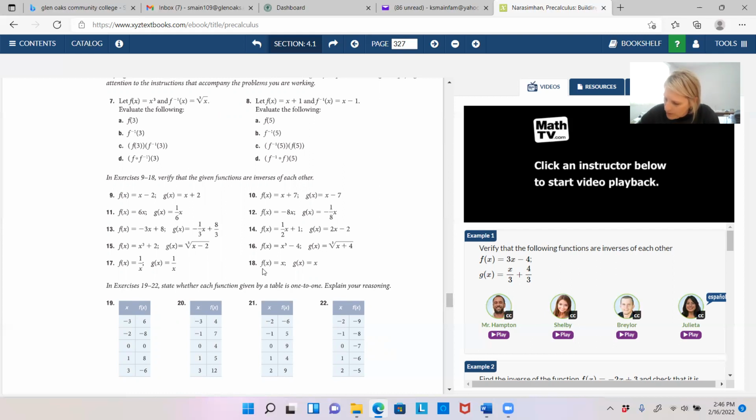And we are going to show that f composed with g equals x, hopefully, and that g composed with f also equals x. And I will share my screen here.